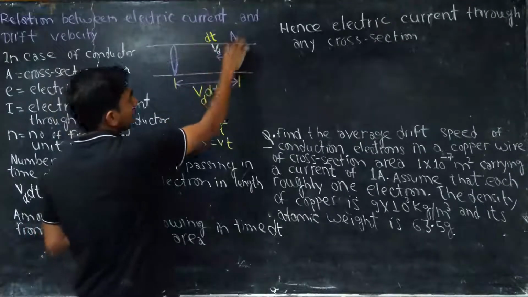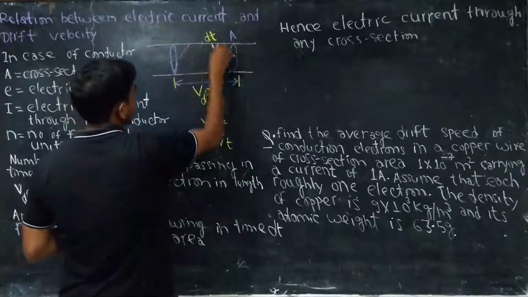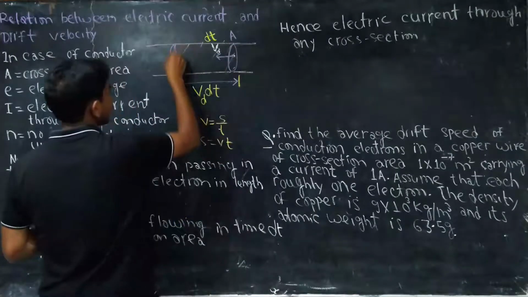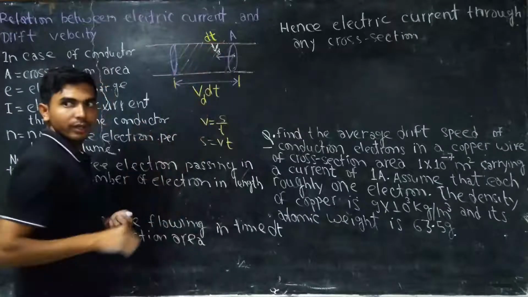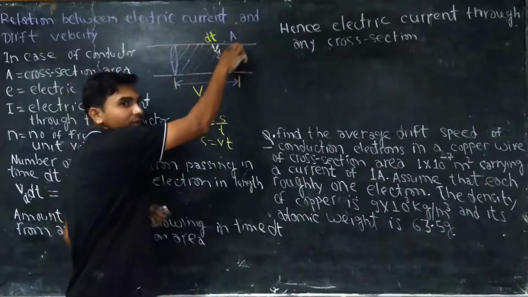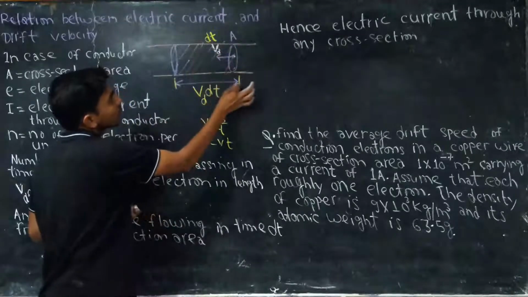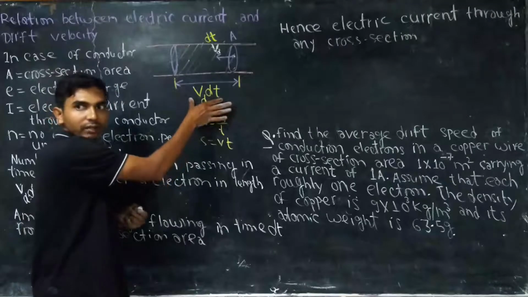Suppose right now I'm talking about only this area, okay? In this area electron is present, right? So the electron which is present here was the last electron. In dt time this electron is able to move with what length? This length, right?